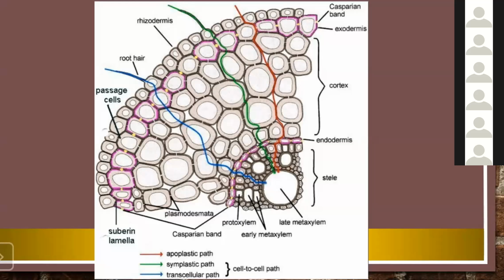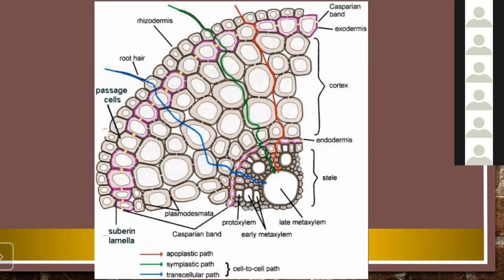Because of that, water will move from the root hair to the immediate cortex cell, whose solution is going to decrease in concentration compared to the next. So that will result in water moving from that cortex cell to the next.